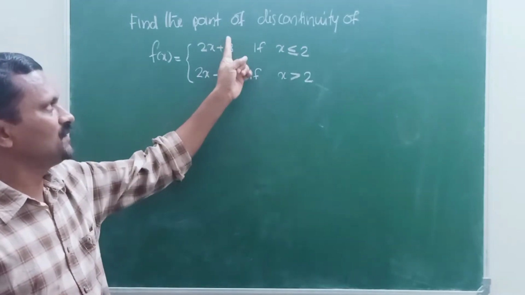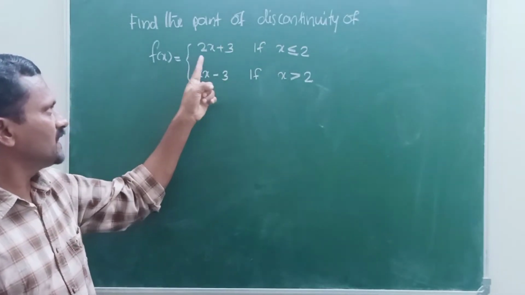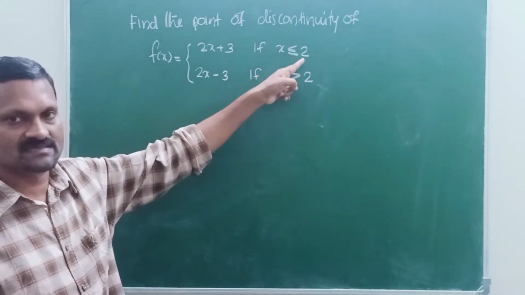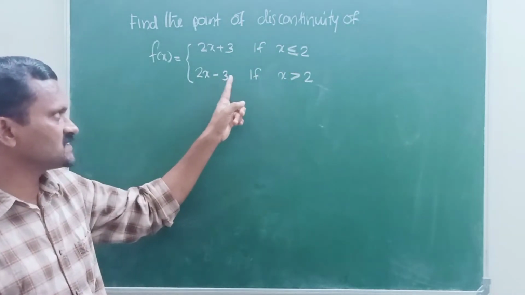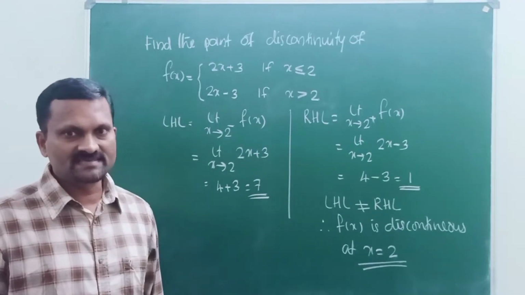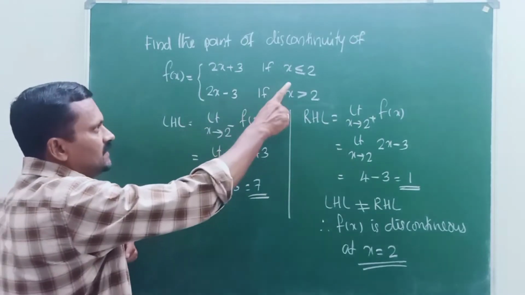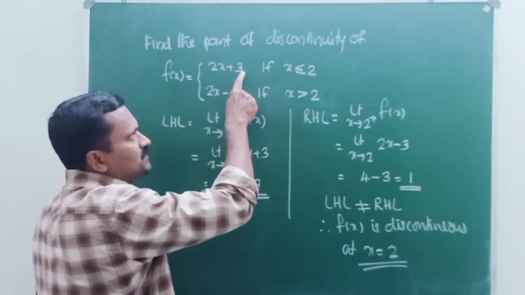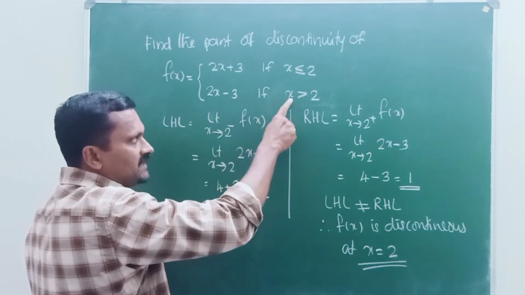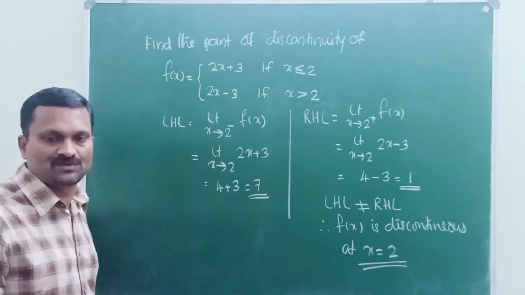Find the point of discontinuity of f of x equal to 2x plus 3 if x less than or equal to 2, and 2x minus 3 if x greater than 2. Let's see the answer. Here the function is 2x plus 3 if x less than or equal to 2 and 2x minus 3 if x greater than 2.